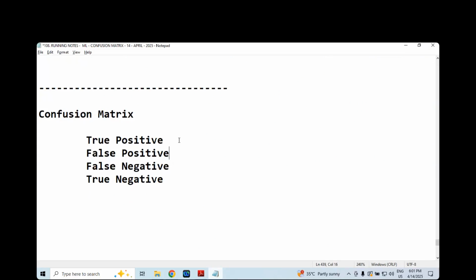False positive, can you tell me what combination? Yes and yes combination. True negative? No and no combination. False positive? Very nice.